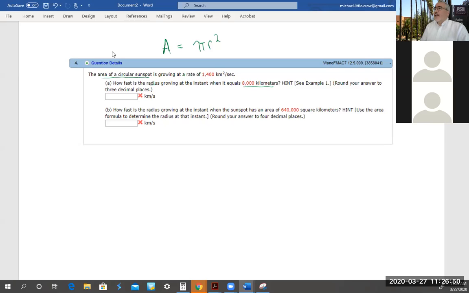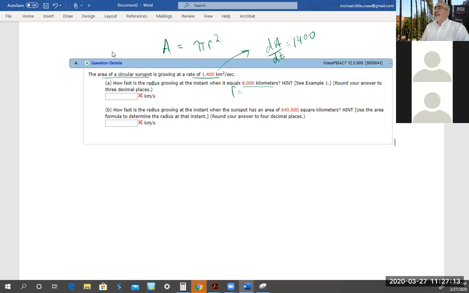So that must be the radius. They're telling us r equals 8,000. They're also telling us the rate of growth of the area, so that's a derivative. That's dA/dt, which is 1400.